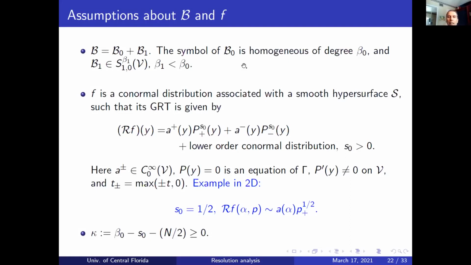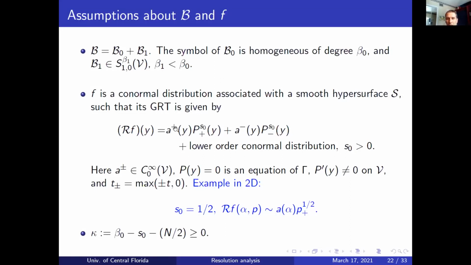So very non-restrictive assumption. And F is a conormal distribution associated with a smooth hypersurface S, such that its generalized Radon transform is given in this form. This is a fairly common expression.